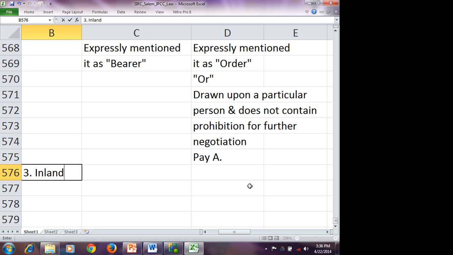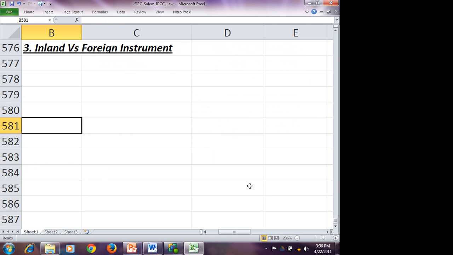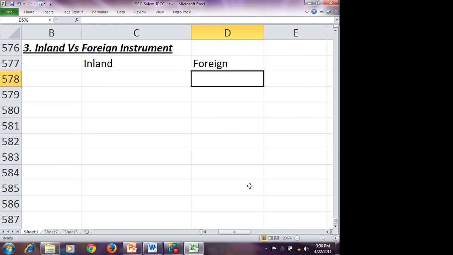And last is inland versus foreign instrument. What is inland? What is foreign? Yes, but not necessarily within the boundary only. Sometimes it can be drawn outside India, only in England in the olden days.